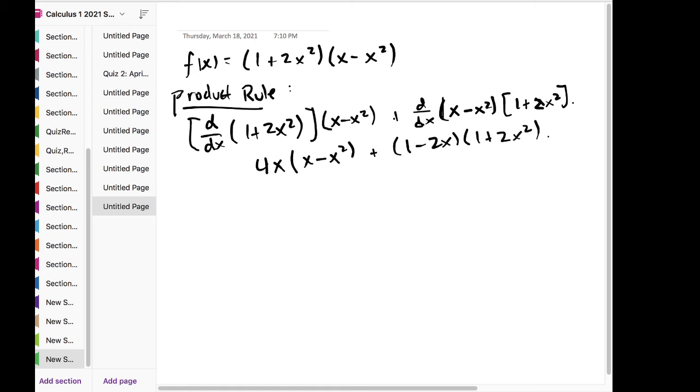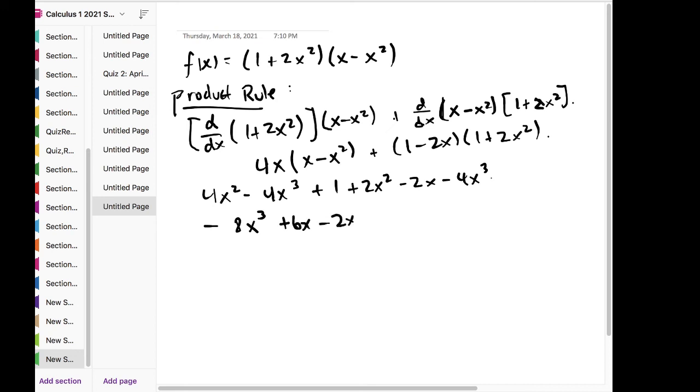So we have 4x squared minus 4x cubed plus 1 plus 2x squared minus 2x minus 4x cubed. Okay, so we have negative 8x cubed plus 6x squared minus 2x plus 1.